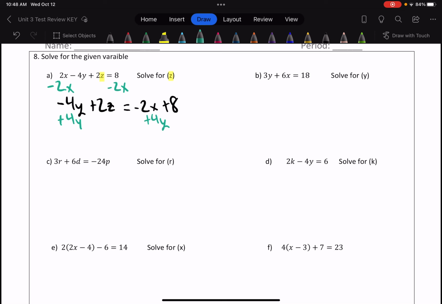And my brain thinks alphabetically, so I'm going to rewrite this as 2z is equal to negative 2x plus 4y plus 8. And my last order of business is to isolate z, and I can do so by dividing each term by 2. So therefore z is equal to negative x plus 2y plus 4.